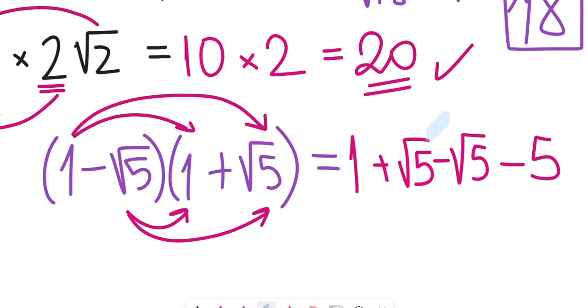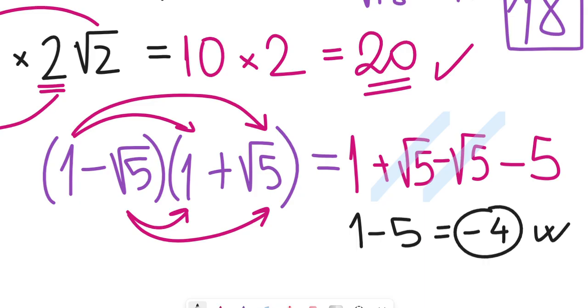But what do we have? Positive radical 5, negative radical 5, they will cancel each other out. So we have only 1 minus 5, which is equal to negative 4.